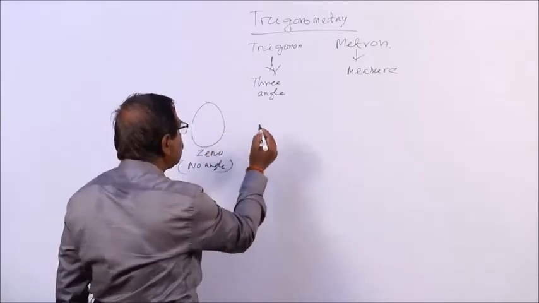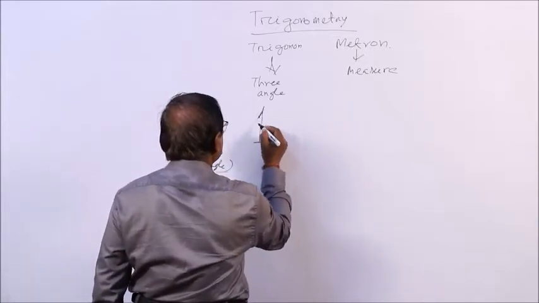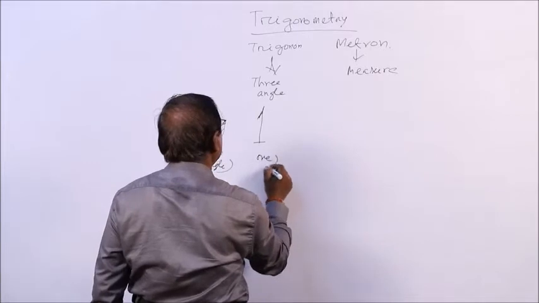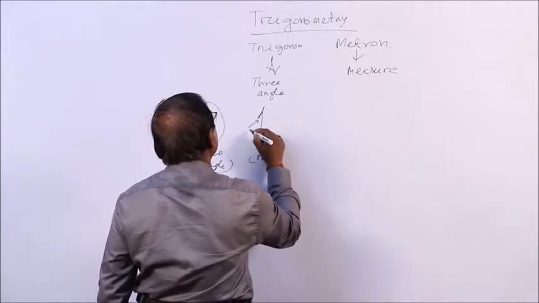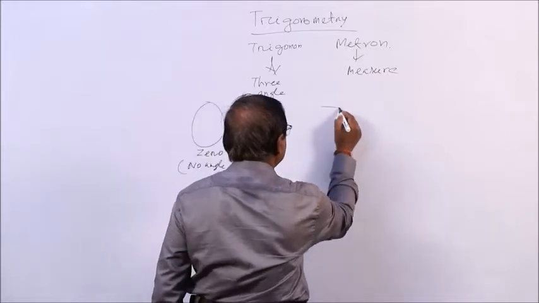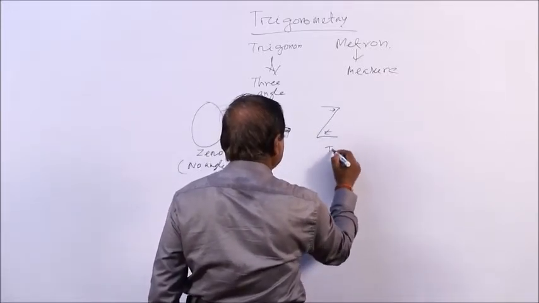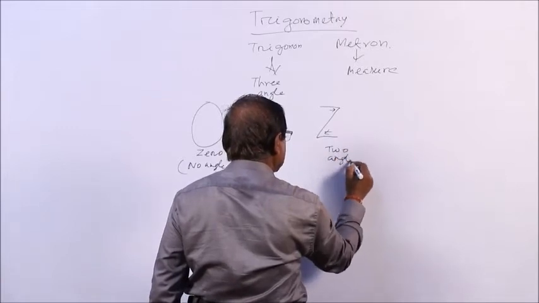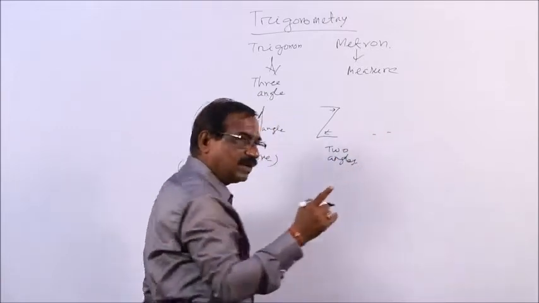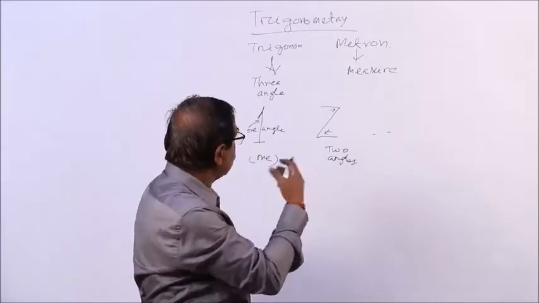This is 1, because here is only one angle. This is 2, two angles like this. So, angles play a vital role in this number system.